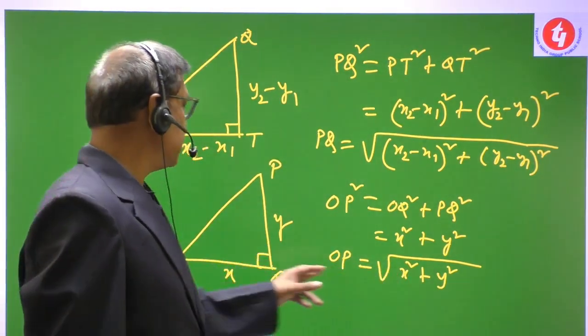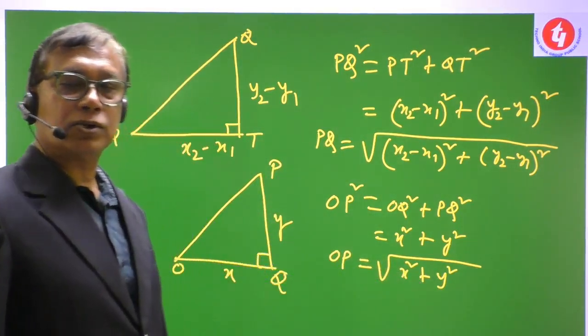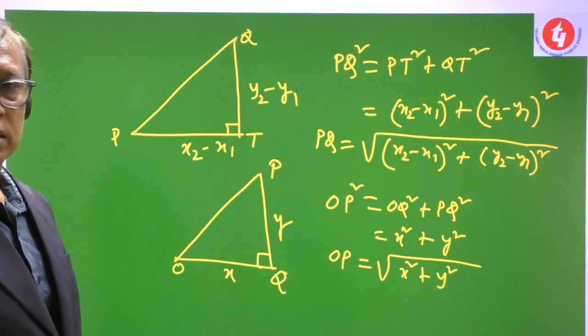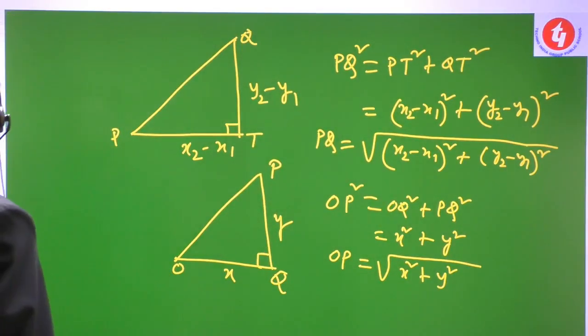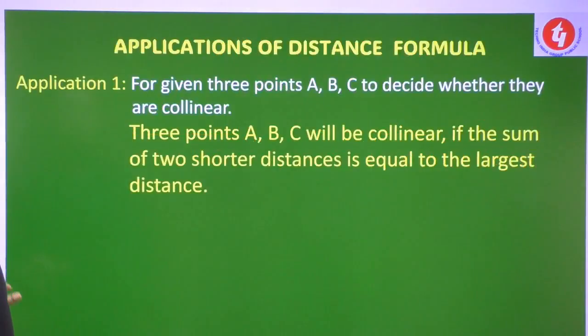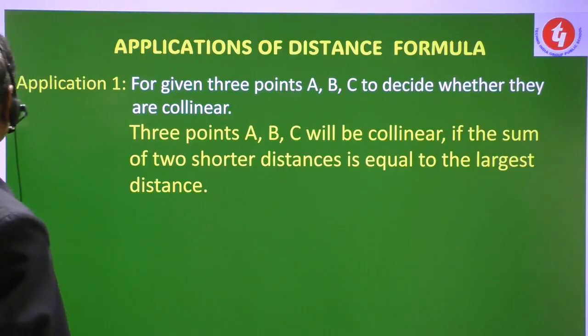So this is the formula for distance between origin and any point whose coordinates X comma Y. I think this part is clear, students. Okay, fine. Now I'll discuss the second point, applications of distance formula. Is it clear?